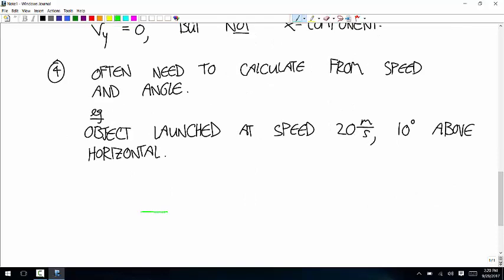That means that if you put your x-axis horizontal and your y-axis vertical, the velocity at the instant it's launched is going to make an angle of 10 degrees with the horizontal and have a magnitude of 20.